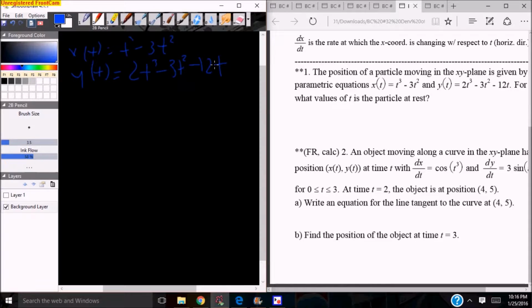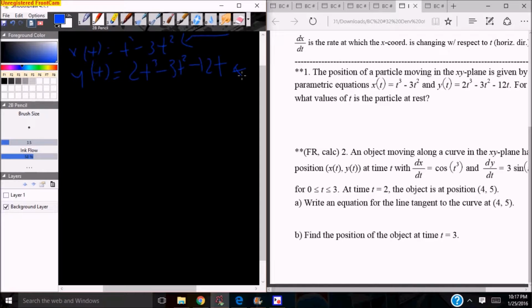What I really want to make sure we are aware of is that this is saying that the position of this particle with respect to time in the horizontal direction is defined by this function, and its position in the vertical direction is defined by that function.